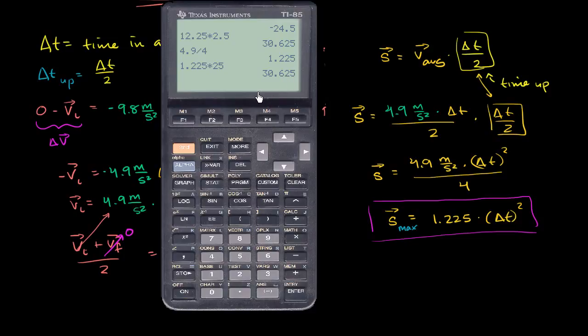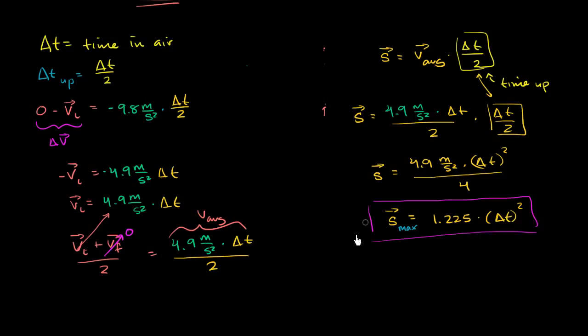If the ball's in the air for, I don't know, 2.3 seconds, so it's 1.225 times 2.3 squared, then that means it went 6.48 meters in the air. So anyway, I just wanted to give you a simple expression that gives you the maximum displacement from the ground, assuming air resistance is negligible, as a function of the total time in the air. And I don't know, I find that pretty fun, and it's a neat game to play.